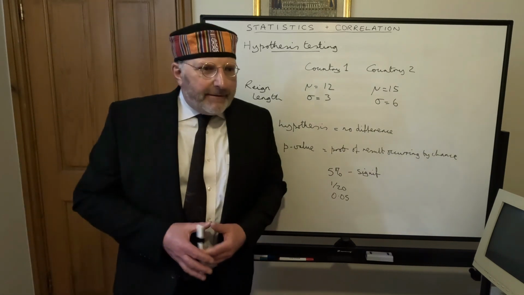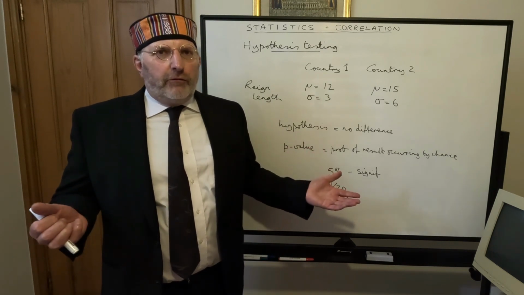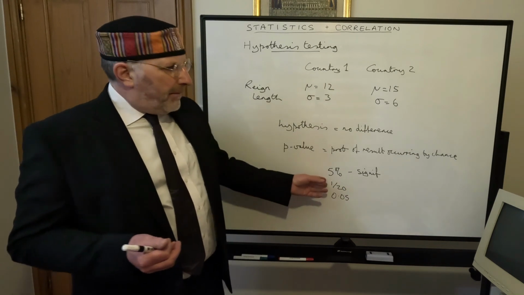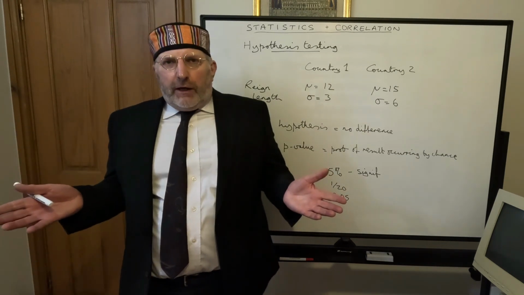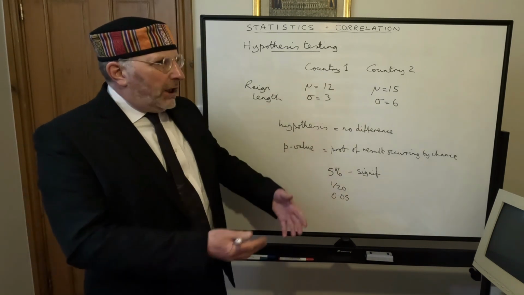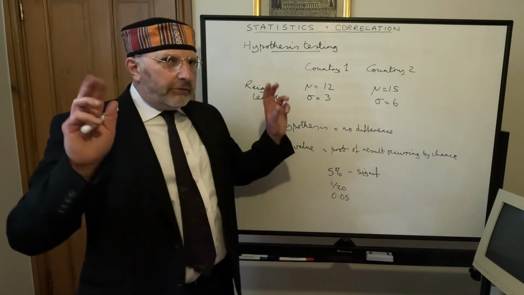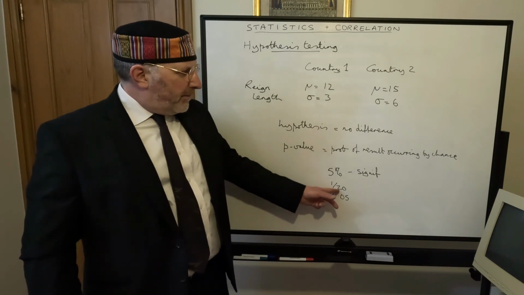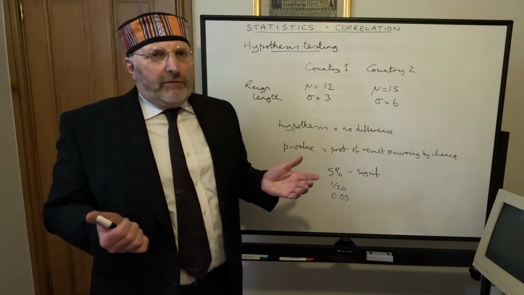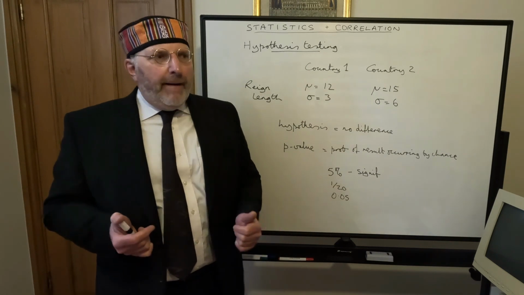There was a paper produced on why most scientific results are wrong, and it's because there might be 20 research projects, and by chance one of them will find a statistically significant result, in inverted commas, just by pure chance, because there is a 1 in 20 chance of finding a statistically significant result, even though there isn't really a difference.